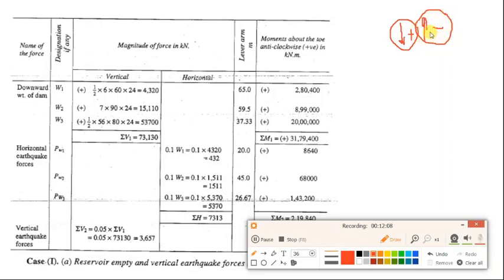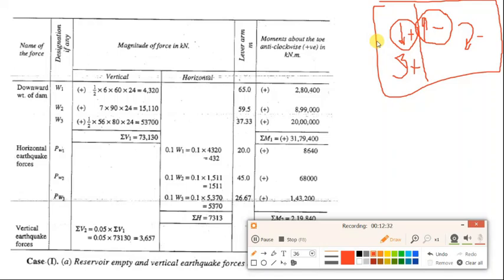Similarly, the anti-clockwise moment will be considered as positive because it is the stabilizing moment, and all the clockwise moments are considered as negative because these are the destabilizing moments. Keep this in your mind. That's why the downward weight of the dam is positive 4320, and likewise.